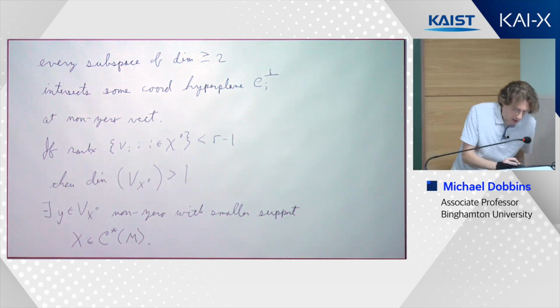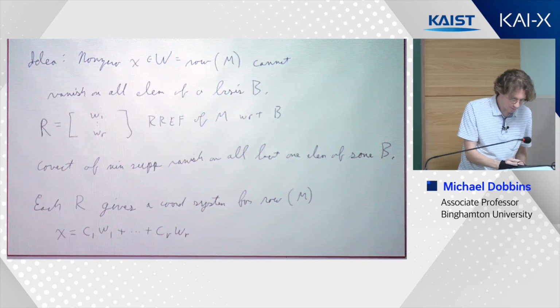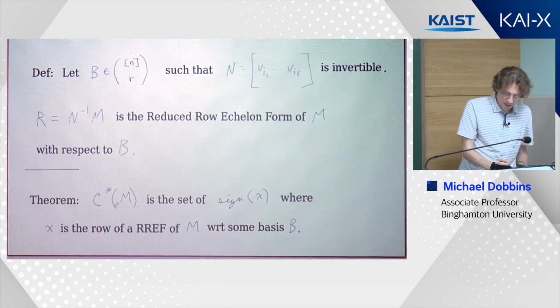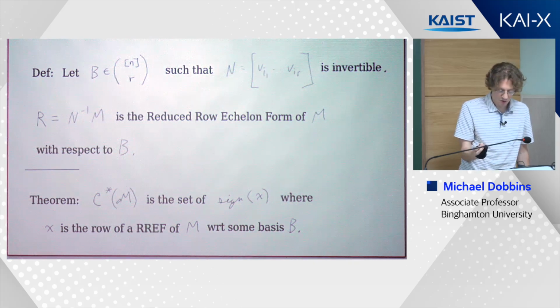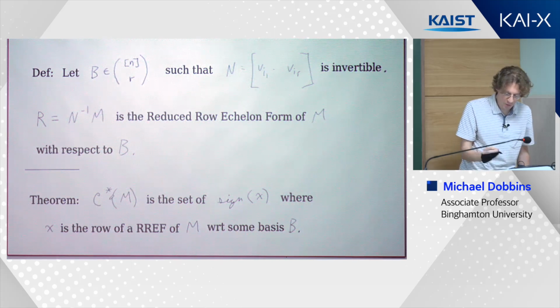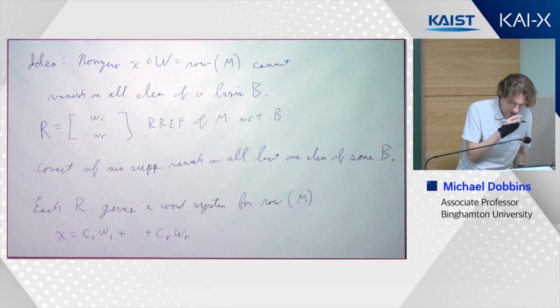So I want to go back to what was the issue here. We want to show that if we have some cocircuit, some sign vector which we claim is a cocircuit, then we can find from that some basis that's going to give us that the vector is the sign vector of a row of the reduced echelon form with respect to that basis. This is what we're looking for.